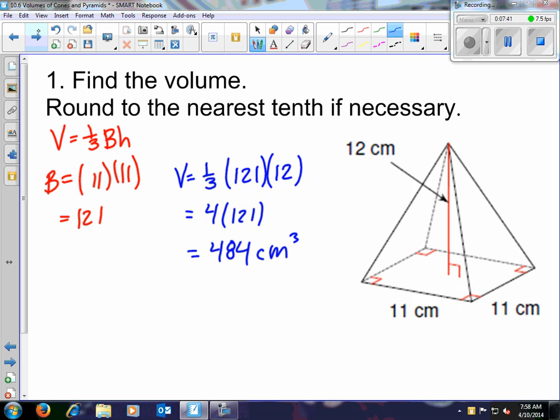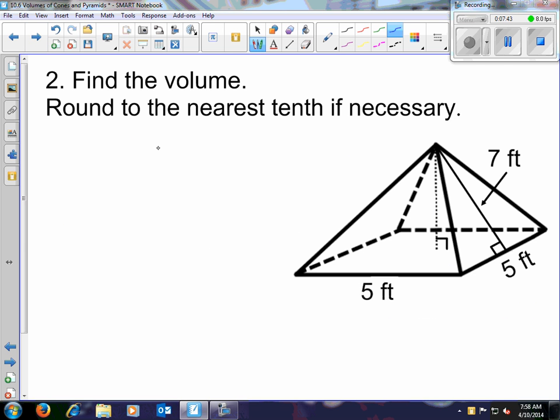Now, our final example. So, we have find the volume. Now, remember we are given the slant height here. This distance is going from the vertex to the outside edge. So, I'm going to make a right triangle like this. And if this whole length is 5, then this length is going to be 2.5.